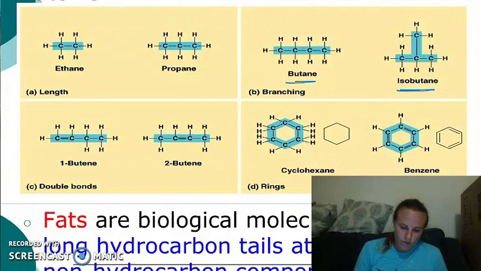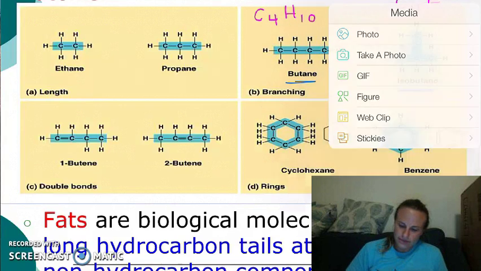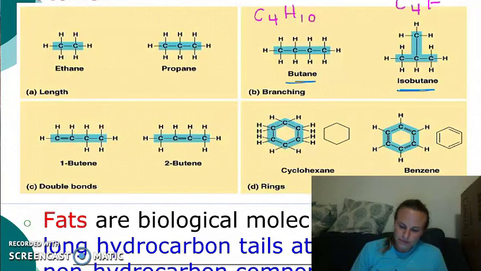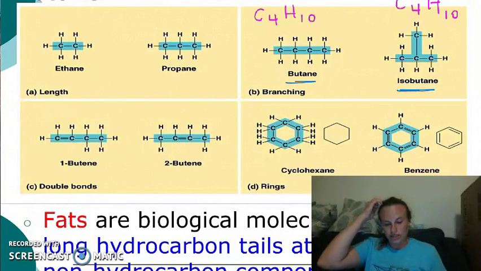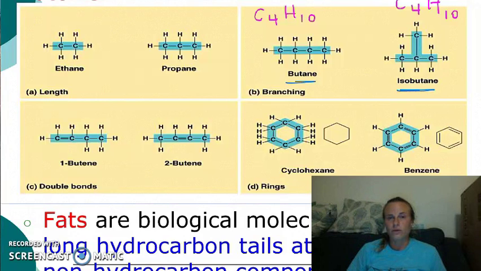Well, I count 4 carbons and 10 hydrogens. In isobutane, I also count 4 carbons and 10 hydrogens. So they have the same molecular formula.